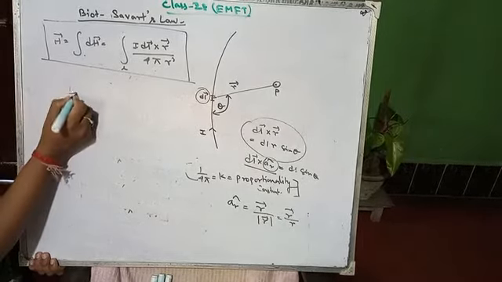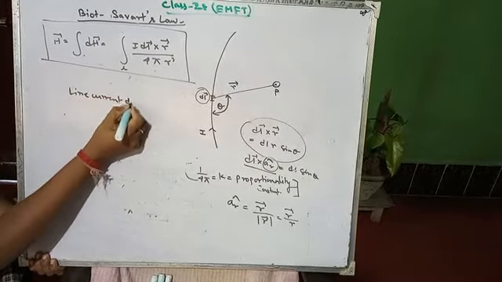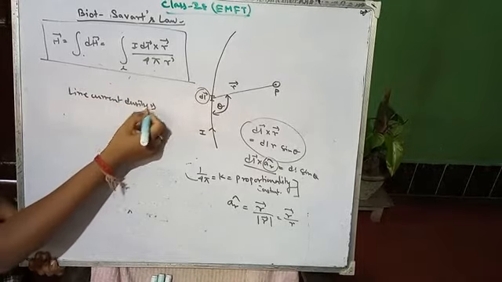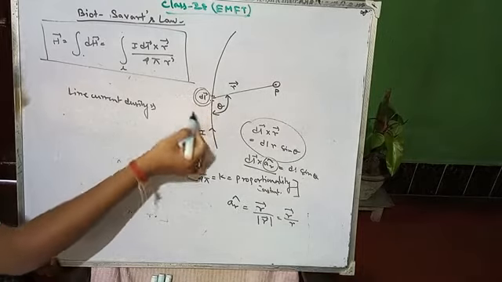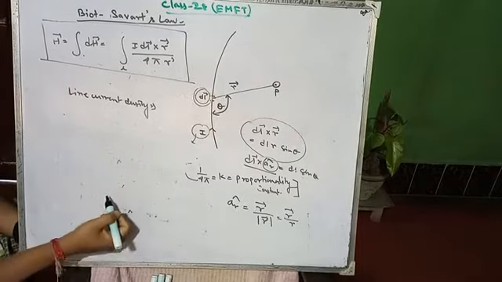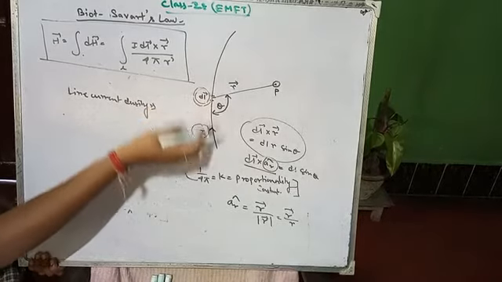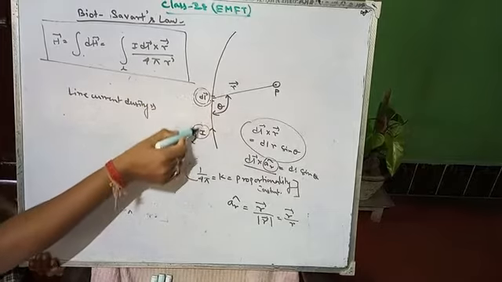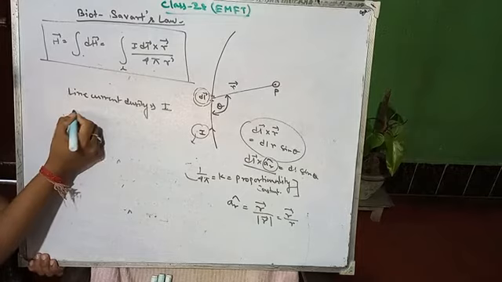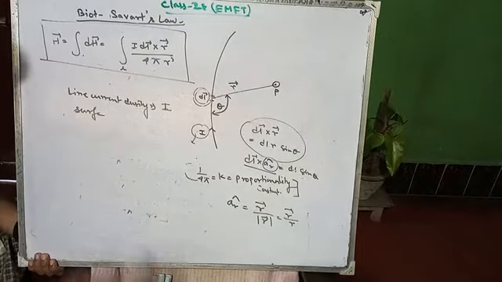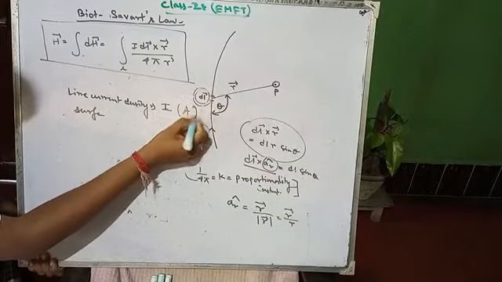Line current density: when this I is current flowing through this unit length dl, then this I itself is the line current density. The unit of this line current density is ampere.